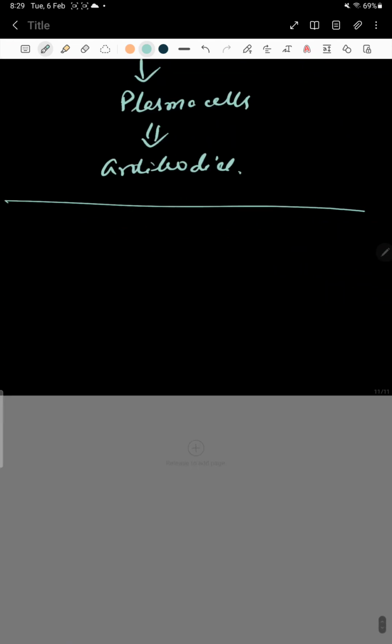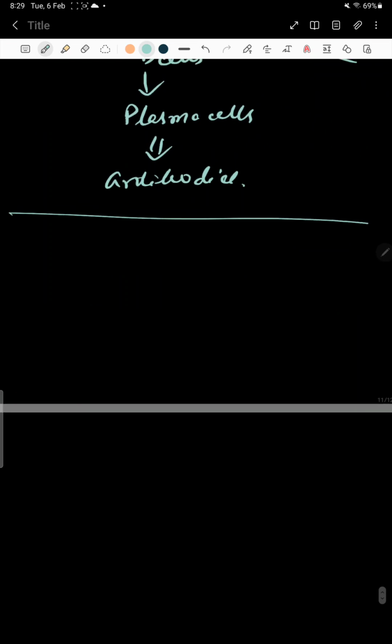Now what about Th1? The response of Th1 is basically delayed type hypersensitivity.